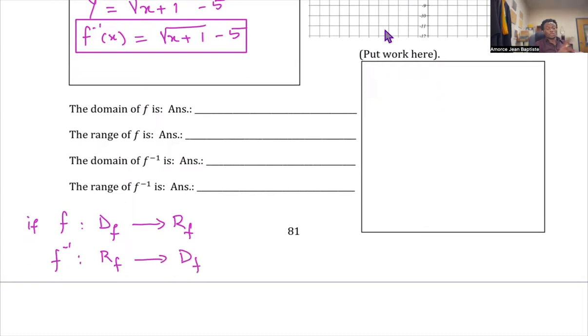You just swap, just like when you swap x and y. The domain of f of x is the range of f inverse, and the range of f of x is the domain of f inverse.